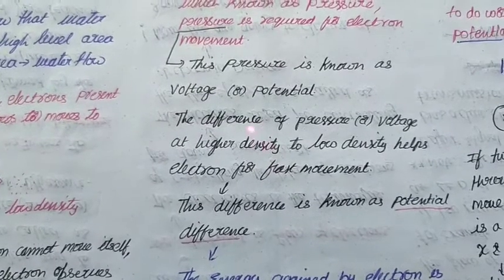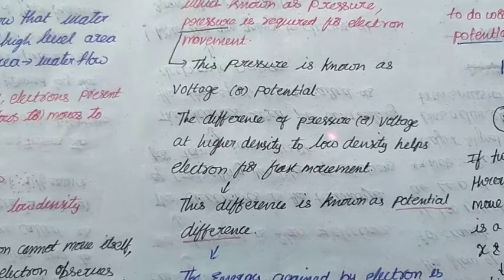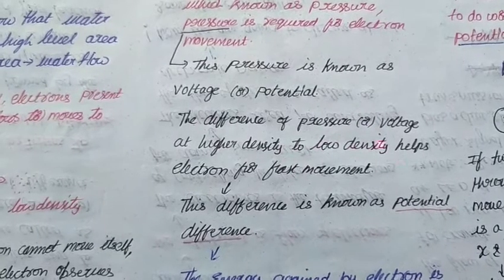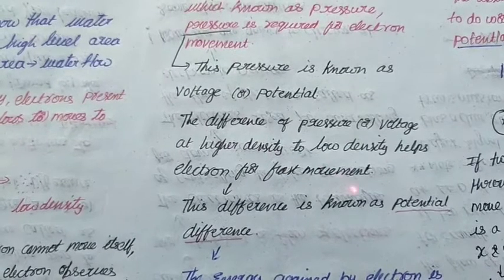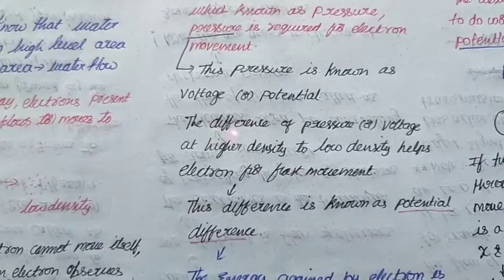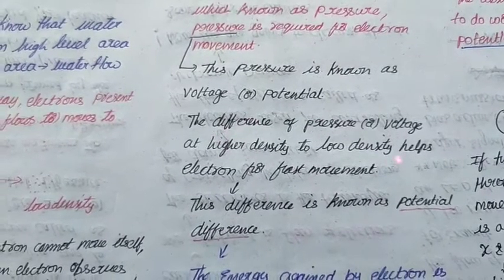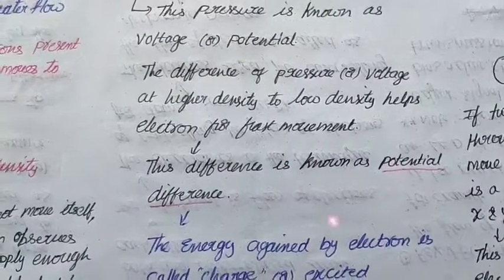The difference of pressure or voltage between higher density and lower density helps electrons move fast. Due to this difference only, electrons flow from higher density to lower density. This difference is known as potential difference.